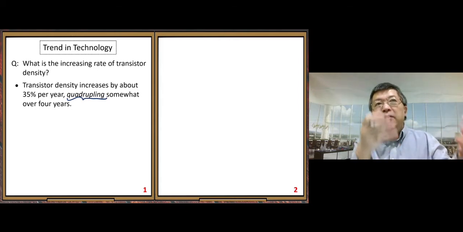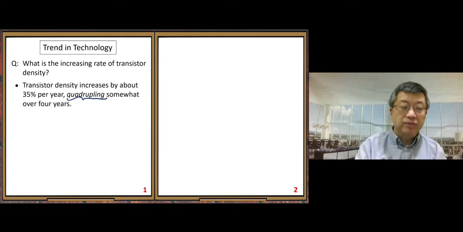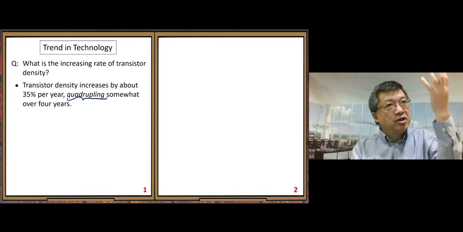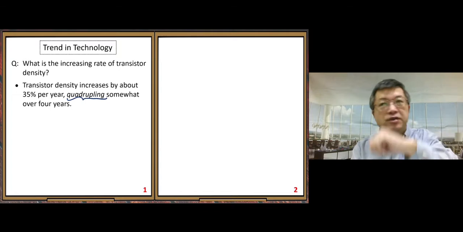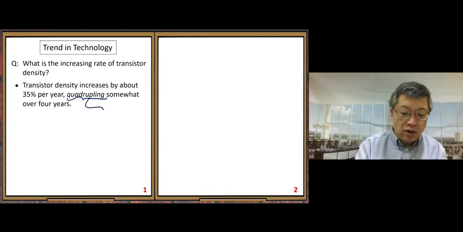But why do people use this quadrupling? There is some good reason behind it. In the transistor industry, quadrupling has its special significance. So what's that? Quadrupling corresponds to a concept called generation.